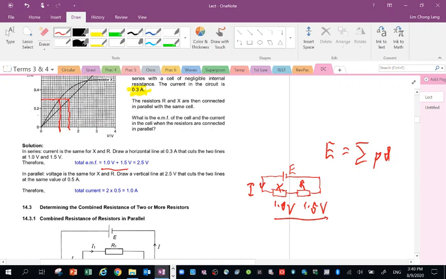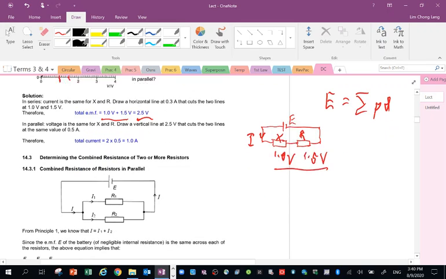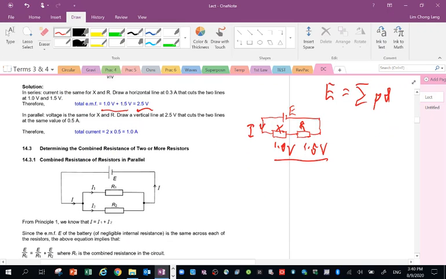I add these two, I get the EMF, 2.5, right? Now, suppose I have a parallel circuit. In a parallel circuit, the EMF is the same across each resistor. This is X, this is R. So I already know the EMF as 2.5.